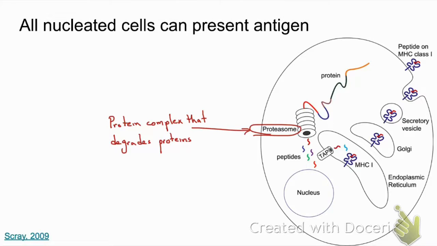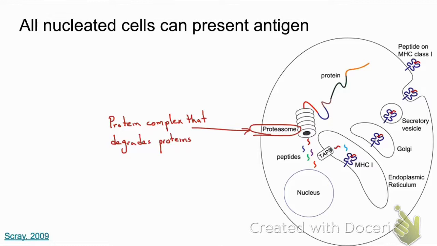But more specifically, we really mean here once they've lost their three-dimensional shape and they no longer can function. Well, the proteasome does this non-specifically. Not only does it break down our own proteins, but also it can break down the proteins from foreign pathogens, for example, viruses and bacteria.